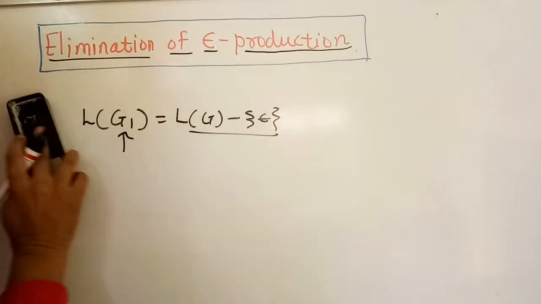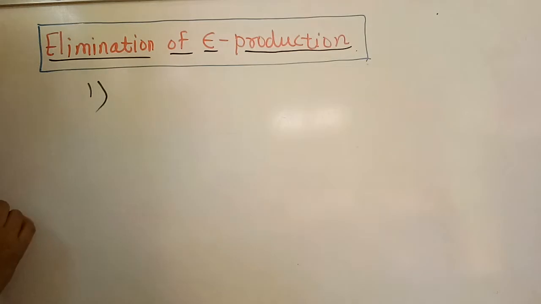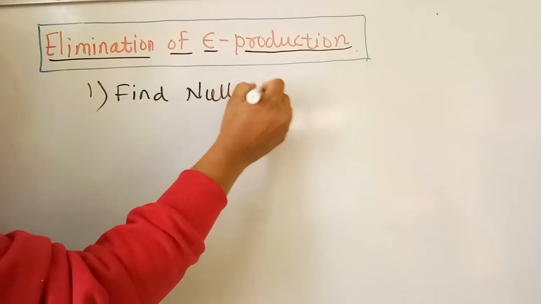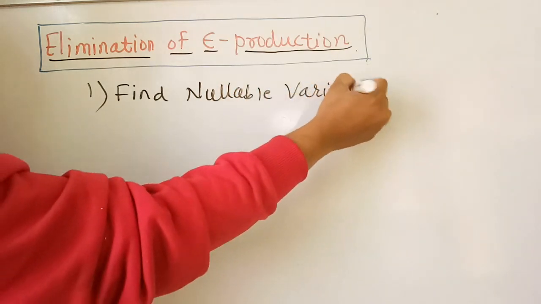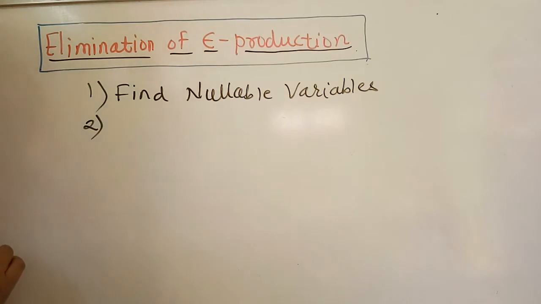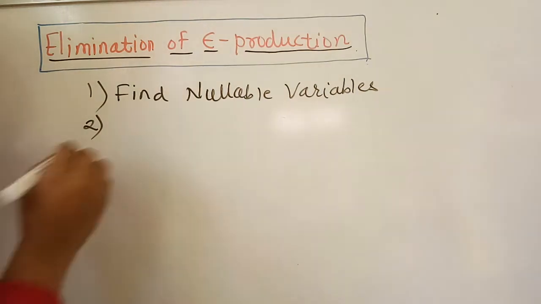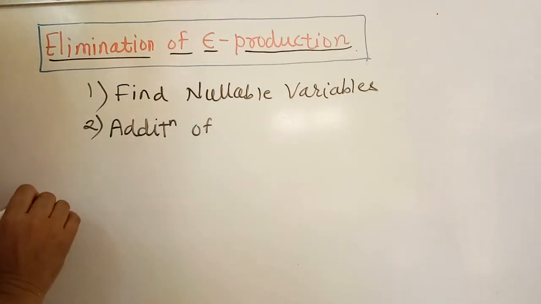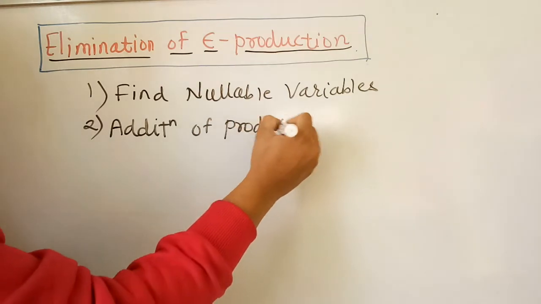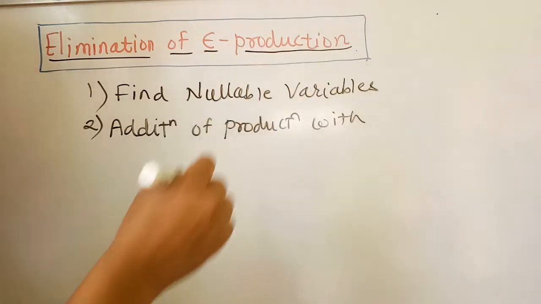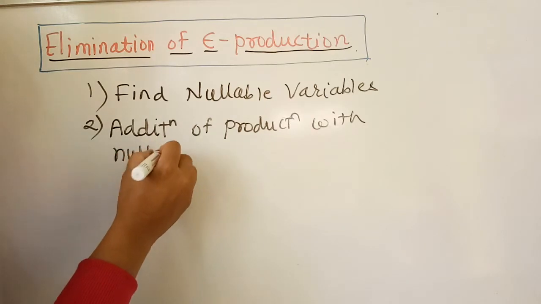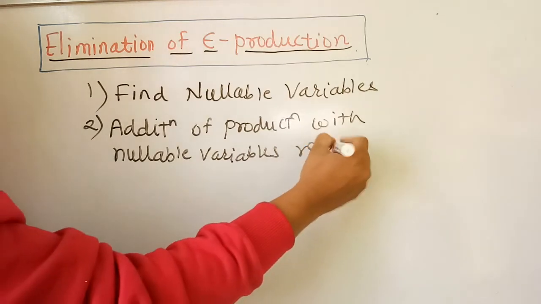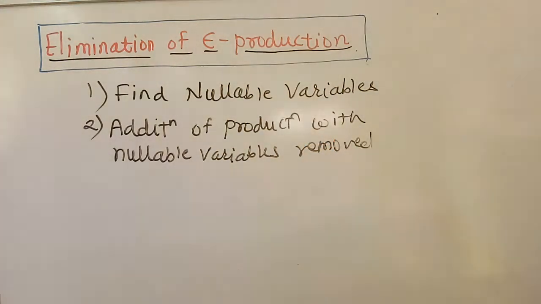First of all, what is the first step? Find the nullable variables. Next step is the addition of productions with nullable variables removed, which will give our final grammar.